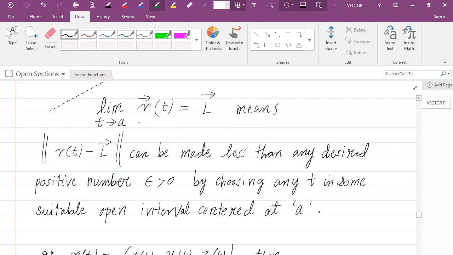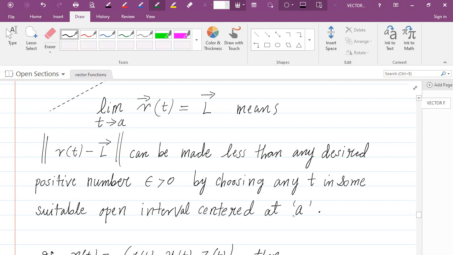The limit of R of t as t approaches a is the vector L means that the length of R of t minus L can be made less than any desired positive number epsilon by choosing t in some suitable open interval centered at a.